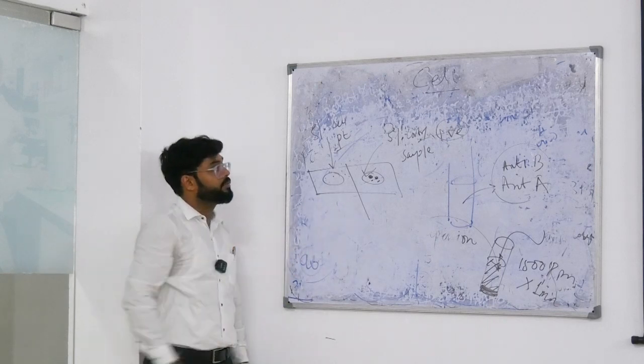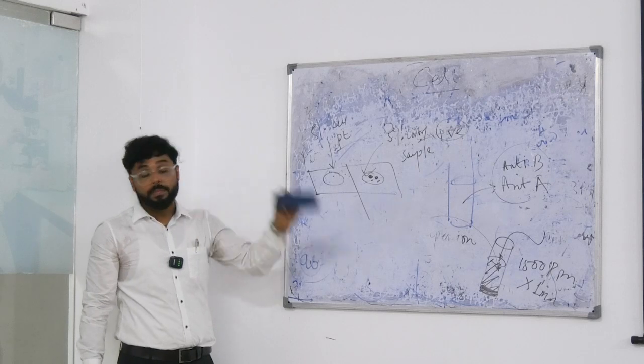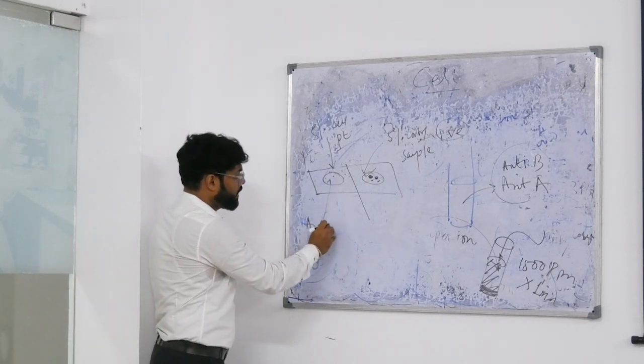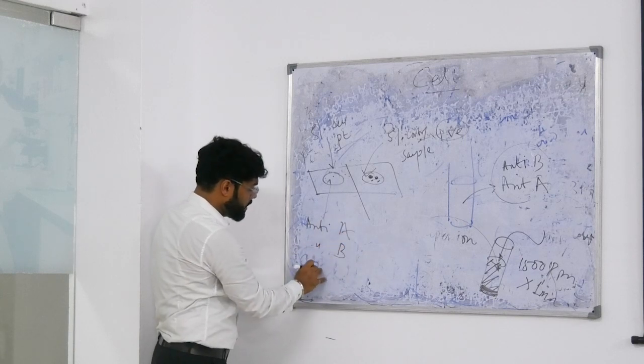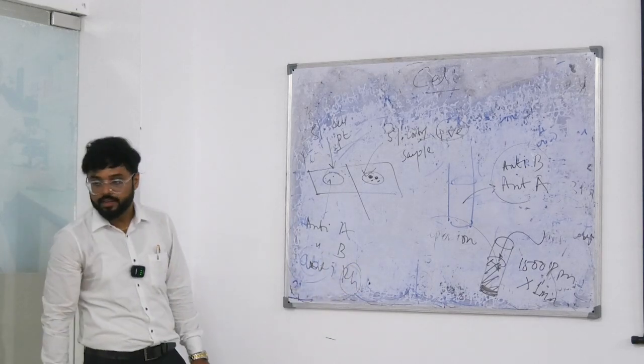compared with 5% patient RBC sample admixed with anti-A, anti-B and anti-RH or anti-D.